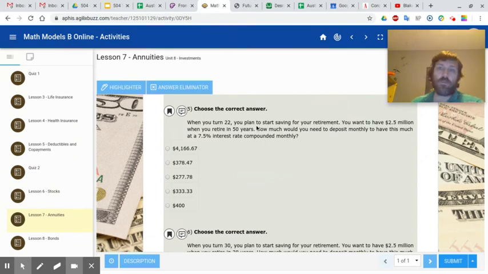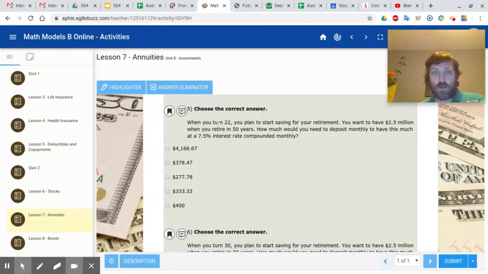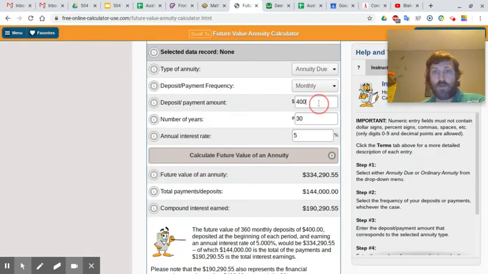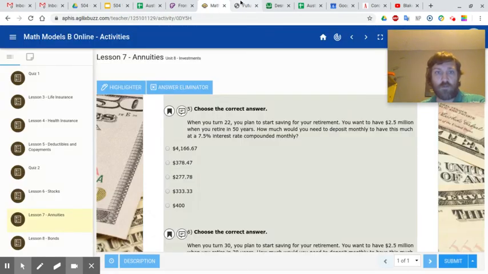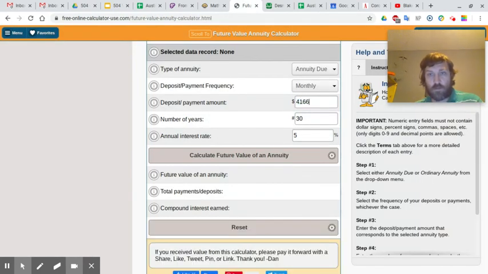You need to try these numbers out and see which of them gets you 2.5 million. It says you want to do monthly deposits, and we don't know the amount, so we'll start with the biggest one, 4,166.67, and then we're going to do 50 years at 7.5%.